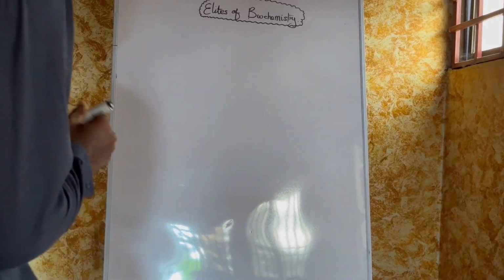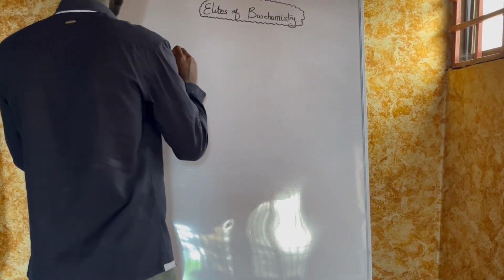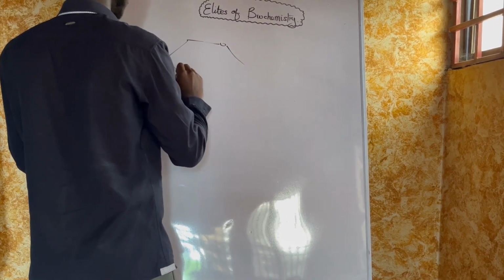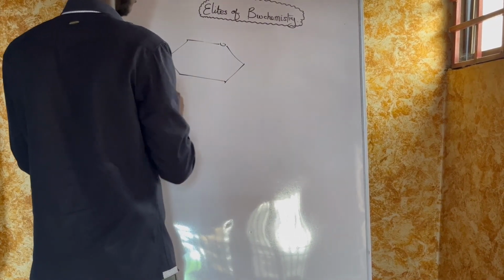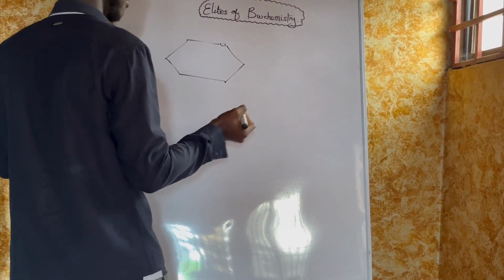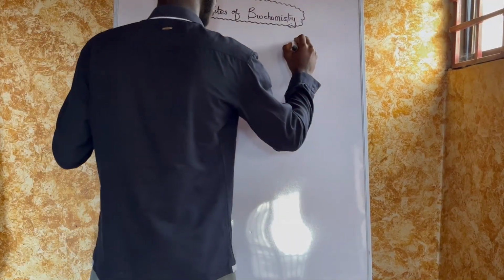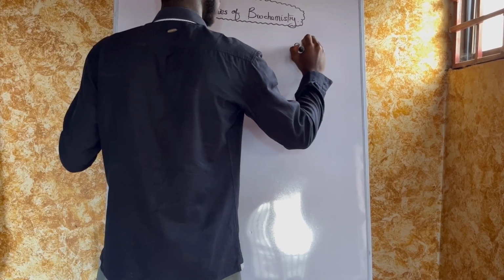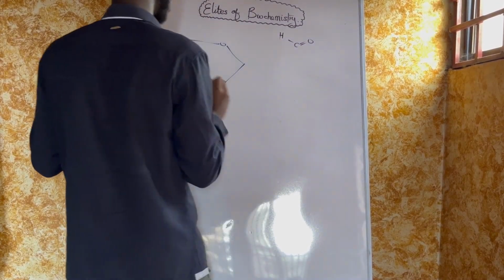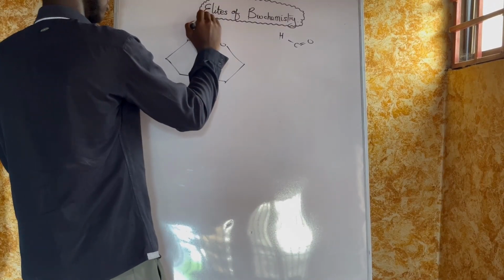Now look at something here. If you're having a pyranose, this is a pyranose. Let's assume that we are naming the pyranose. We can have our C double bonded, and we have our hydrogen here. Let's assume that this one is a glucose.